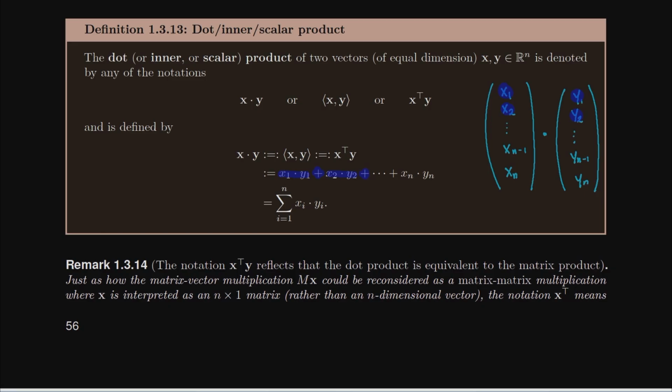I add eventually a bunch of dots, and then I add the second to last terms, and I add the last terms multiplied together. So I'm just taking multiplications straight across of the two vectors, and then I'm adding everything together. This should feel fairly similar to what we were doing with matrix products and matrix vector products, right? We were taking, in that case, the rows and the columns, and we were taking entries, multiplying them together, and then adding everything together. And if you're the sort of person who likes summation notation, I've got it there in summation notation as well.